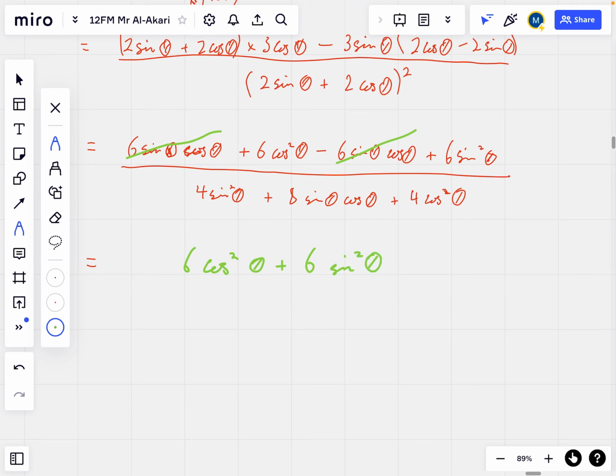Ooh, that's interesting. We'll come back to that in a second, because in the denominator we're going to have a similar thing. So 4 sine squared theta plus 4 cos squared theta plus 8 sine theta cos theta. I'm just rearranging the denominator so we can notice something nice.